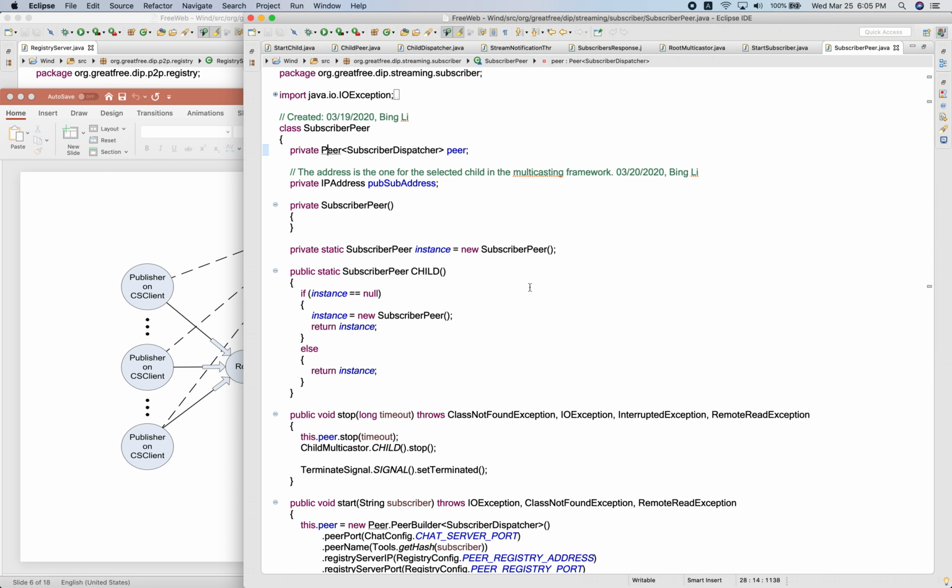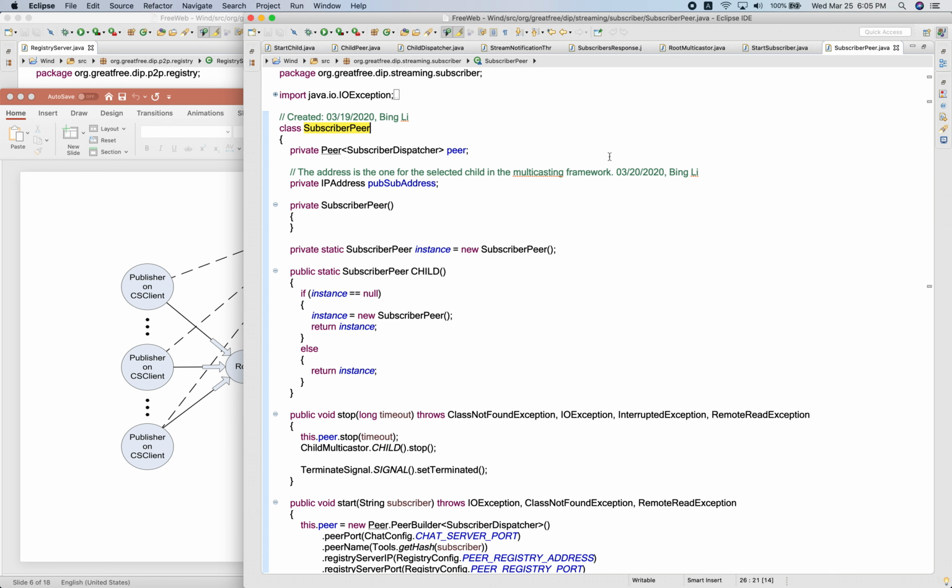In addition, if you want to forward something, then the peer can be used as a client as well. Wait, I made a mistake.